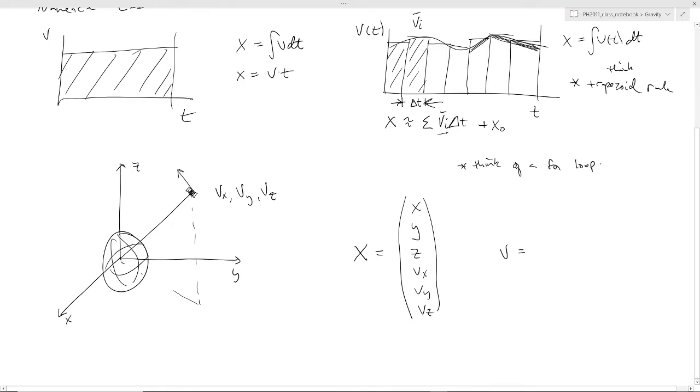As we step through time and add up the pieces, for the velocity that would correspond to x, we can use the velocity from the previous iteration of the loop. The velocity for y we can use from the previous iteration of the loop.